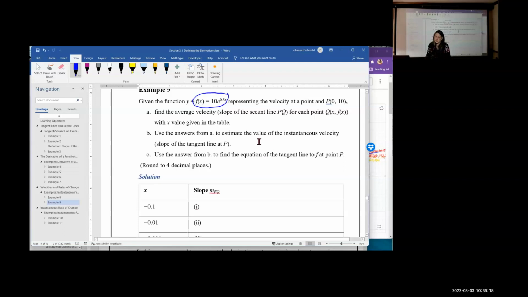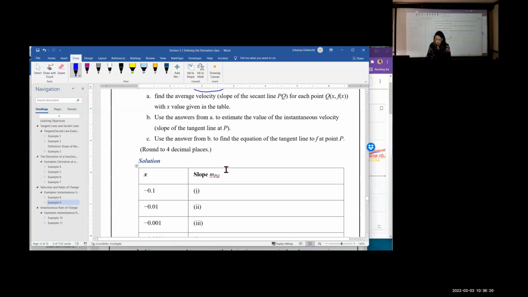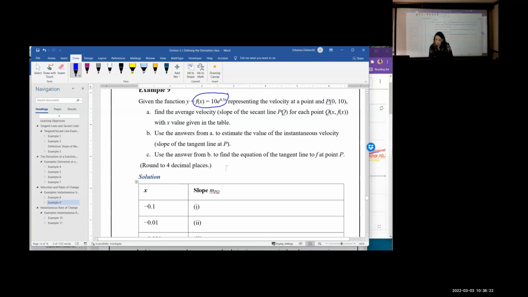So the simple thing to do here, of course, is just to go ahead and evaluate where you're wanting to take the slope of the secant line at f of 0 and then f at another point. So for example, on the first one, we're wanting to calculate f of 0 minus f of negative 0.1 over 0 minus negative 0.1.